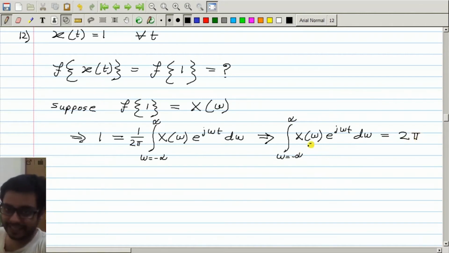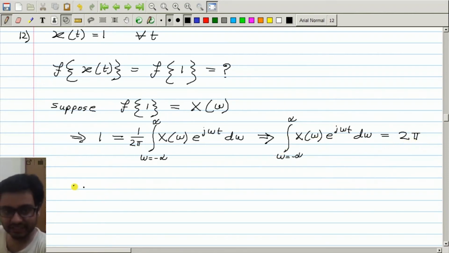Now try to guess, do you know any function which if you put in place of capital X omega and do this integration, it will give 2 pi?